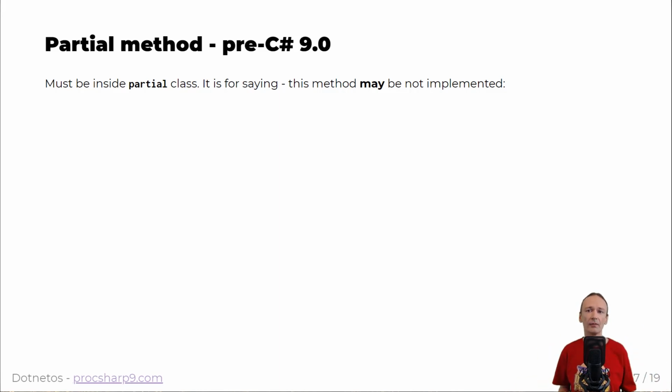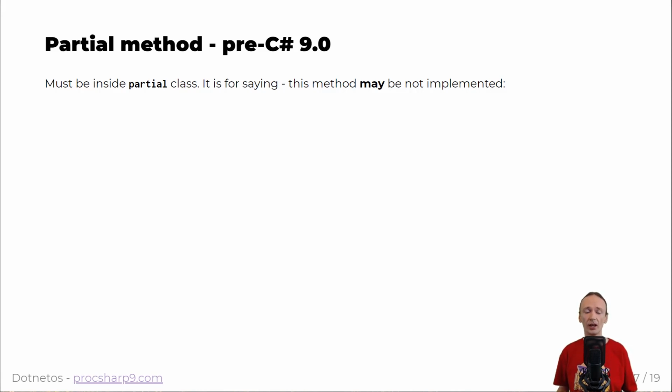But what does the partial method mean? And moreover, partial methods are supported before C#9. And what does it mean? First of all, if you would like to use partial method, it must be also inside a partial class or type, because it is saying that it is something probably split somehow. So it must be in a partial type.